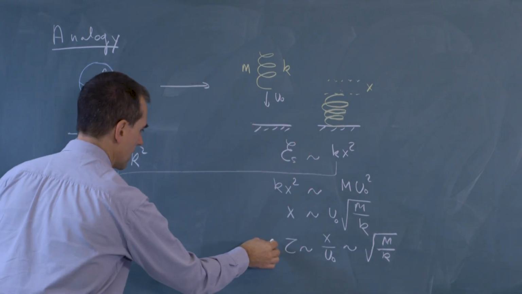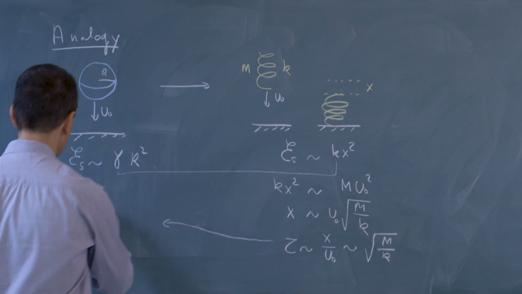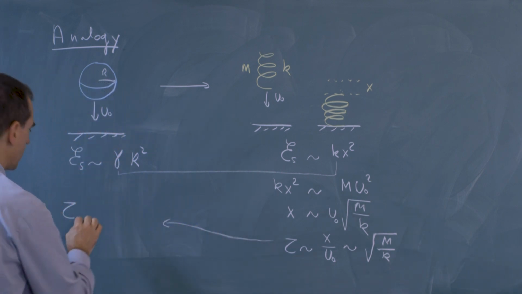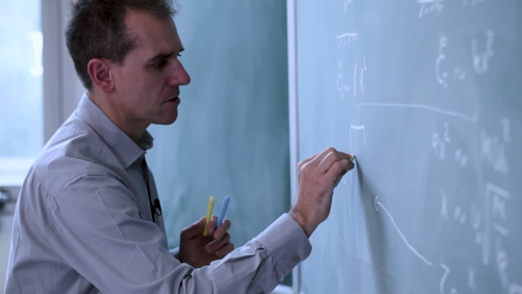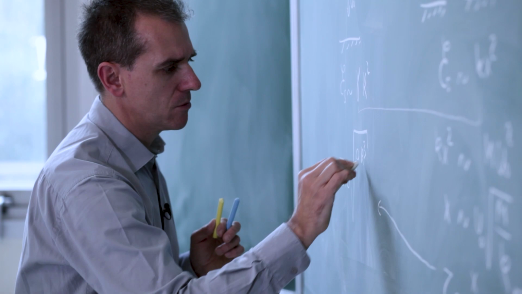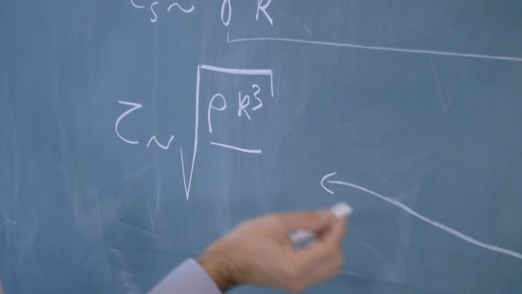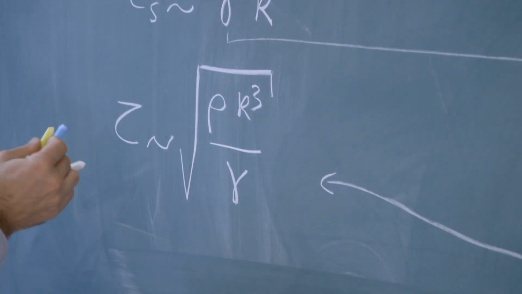And so if we use this analogy to get an expression of the contact time of our bouncing drop, we expect this bouncing contact time to go like the square root of m, so density times the radius cubed, divided by k, which is here simply surface tension.